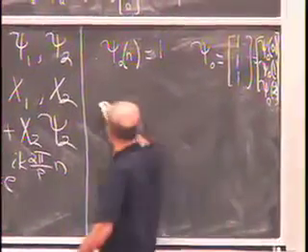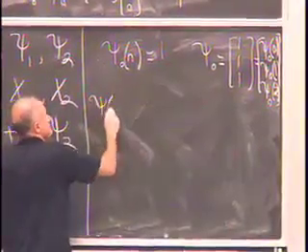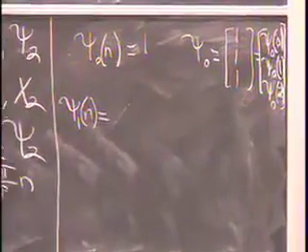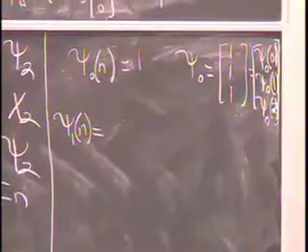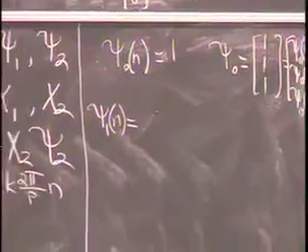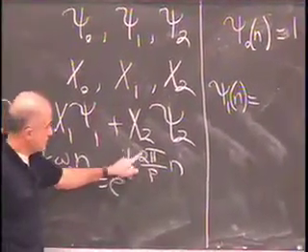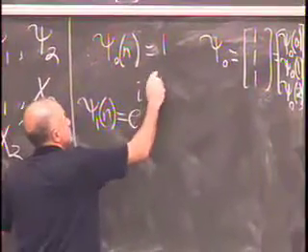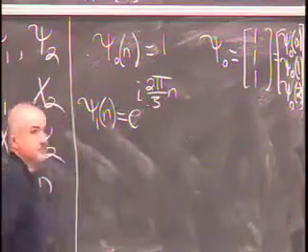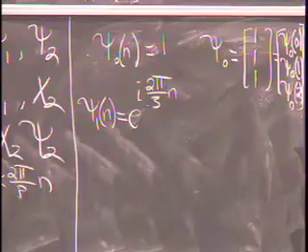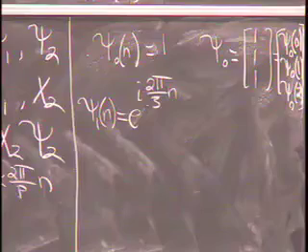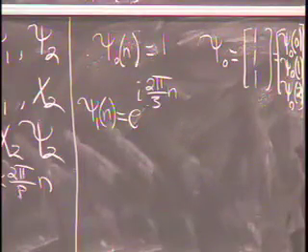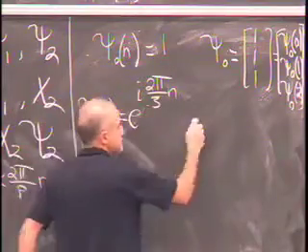Now, what about c1? Plug in k equals 1. You get e to the i 2 pi over 3 n. Right? Omega naught is, for p equals 3, 2 pi over 3. Now stack this in a vector.